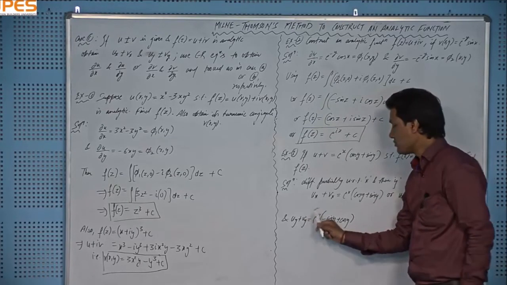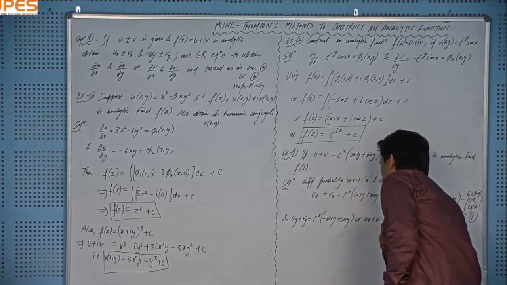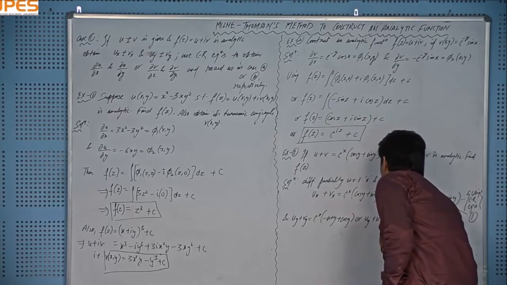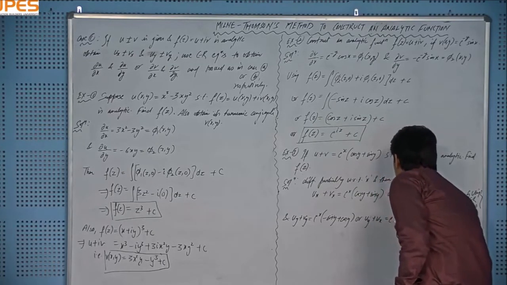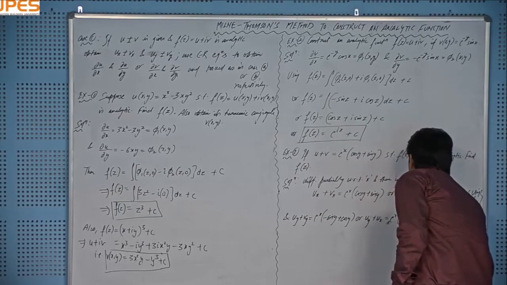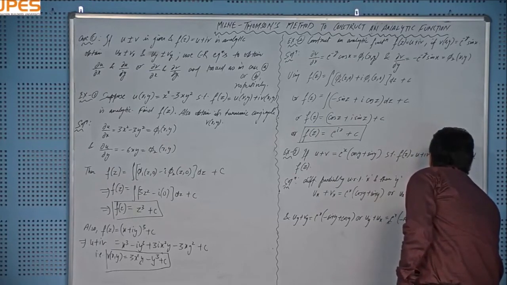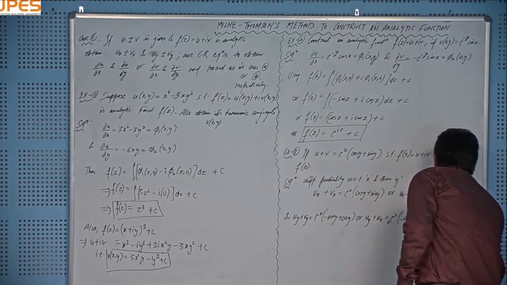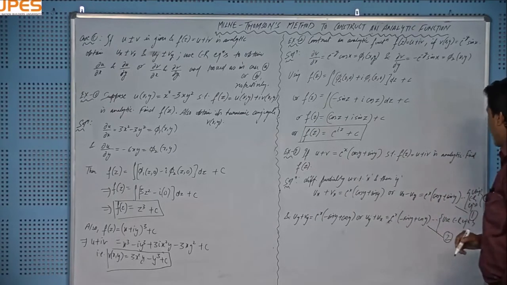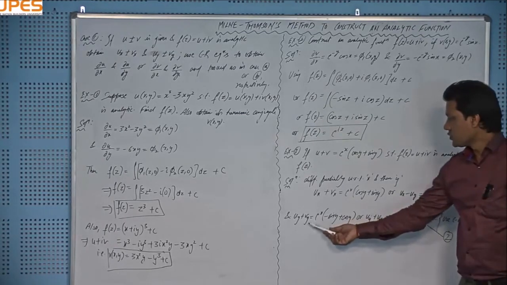I will write v_y in terms of u_x, so u_y plus u_x equal to e to the power x (minus sin y plus cos y), and this is my equation number 2. Again I have used the CR equation.